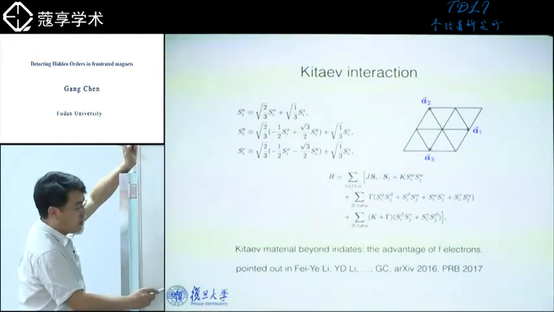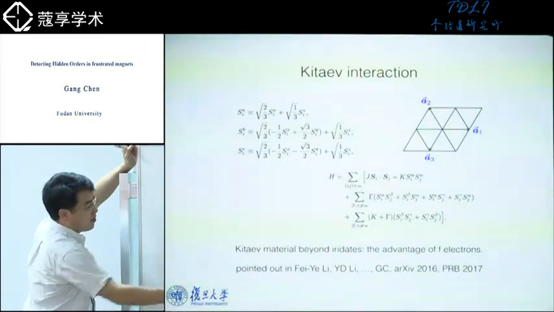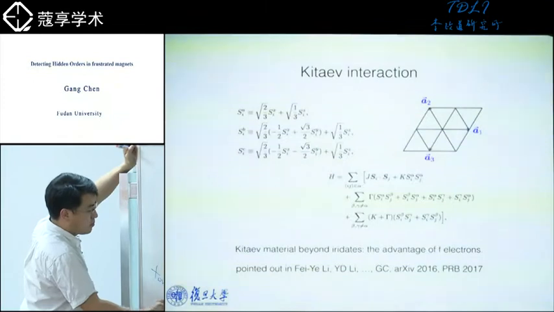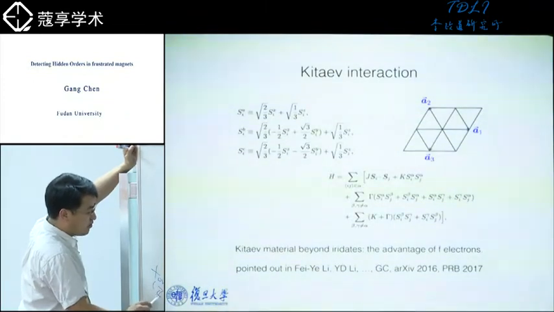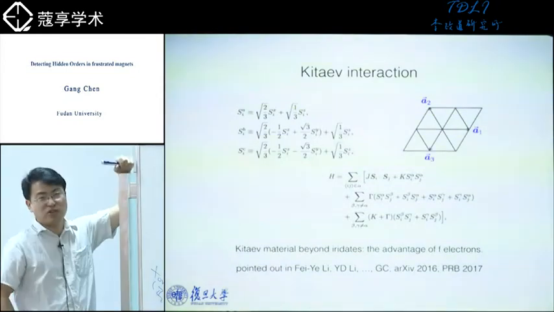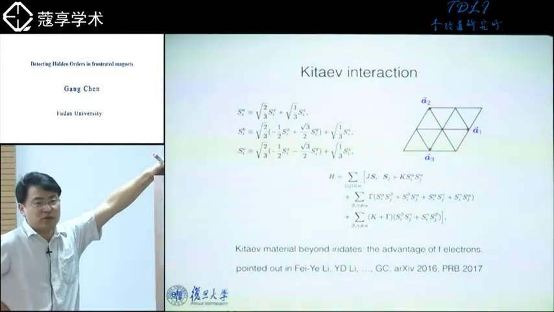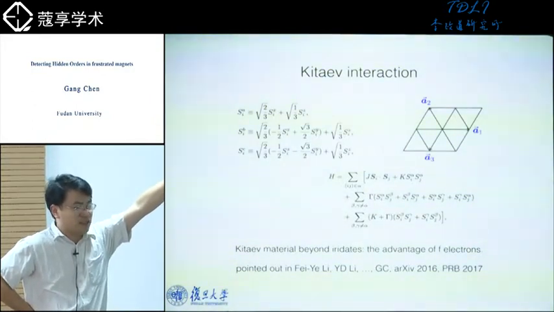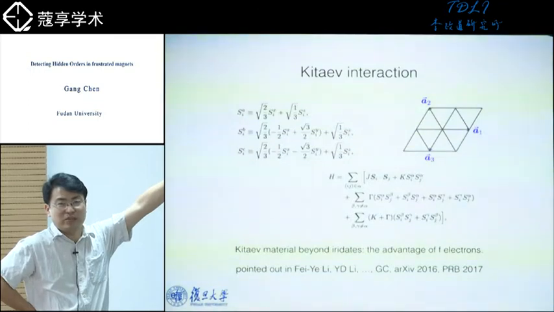So this effective Hamiltonian can be described by the toric code. It's an exactly solvable model for a Z2 quantum spin liquid. So this is also a Z2 topological order. A Z2 spin liquid with a fully gapped spectrum is a Z2 topological phase, so it's robust against any local perturbation.